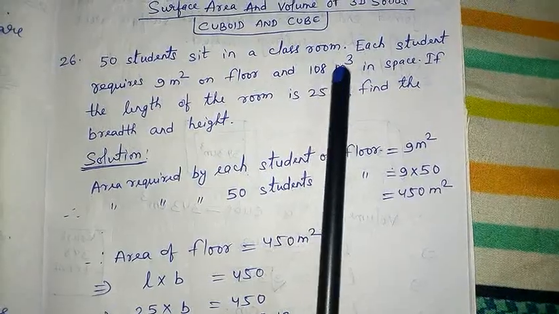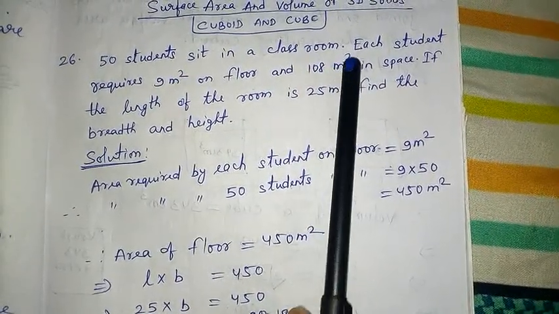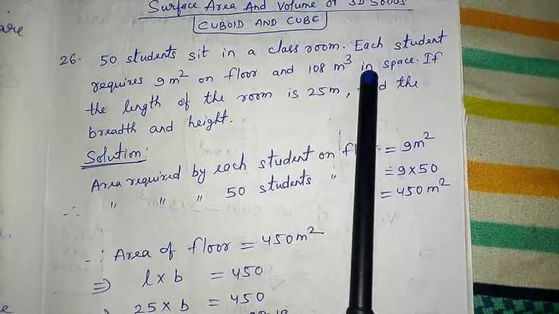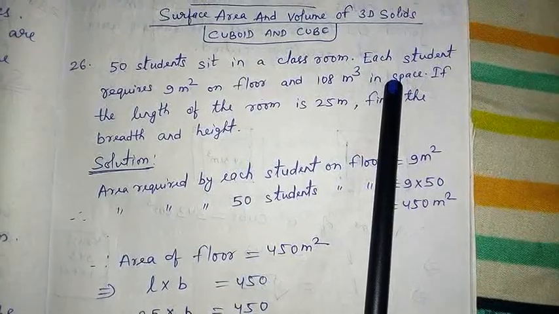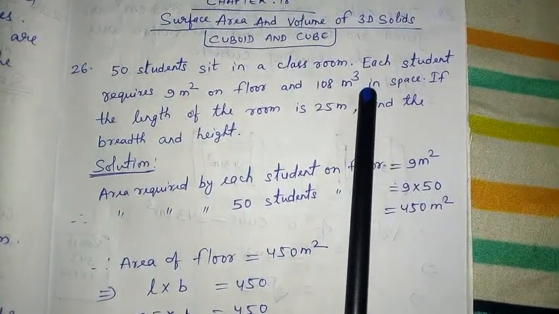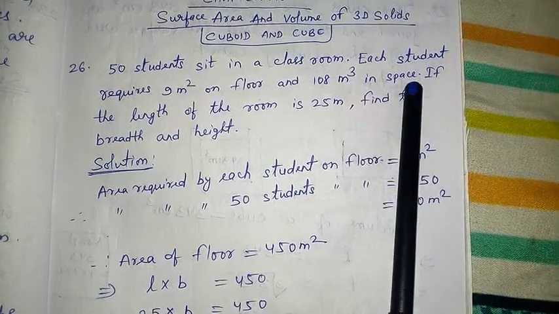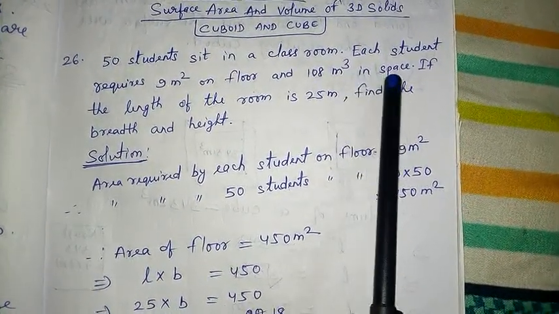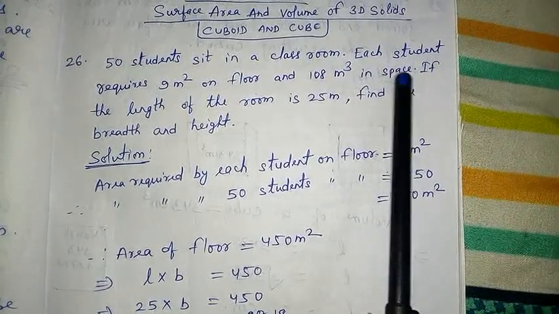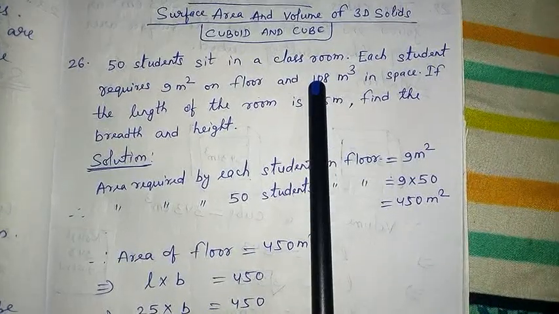And 108 meter cube, because in area we have square in the unit, and meter cube means it is all about volume. Space is that place at the top of the room where the air particles remain, so it is a volume.